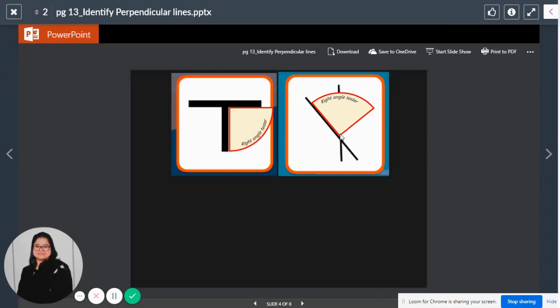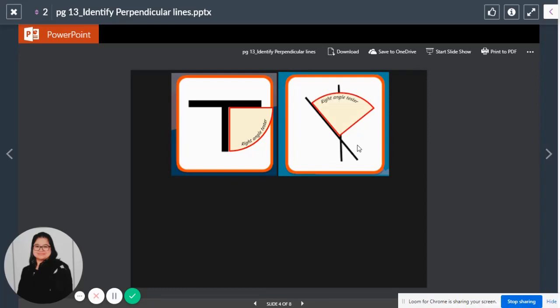And is this line, this one over here, exactly on this part? No. So this angle which is made by these two lines is not a right angle. Similarly, if you go and check this angle or this angle or this angle, these are also not going to be right angles. Okay, so since these two lines are not making a right angle, they are not perpendicular lines.